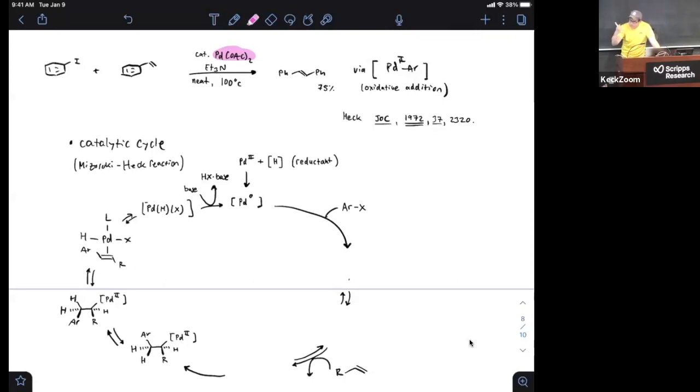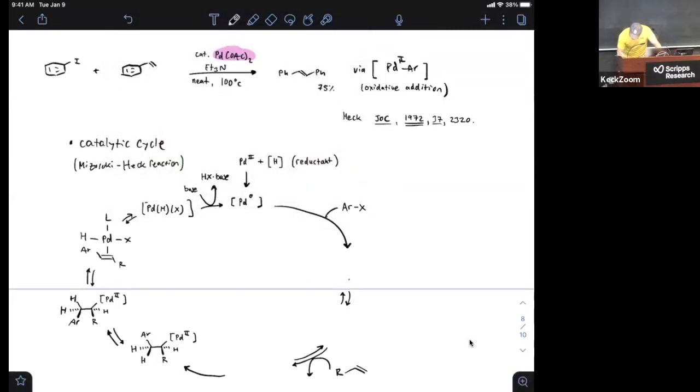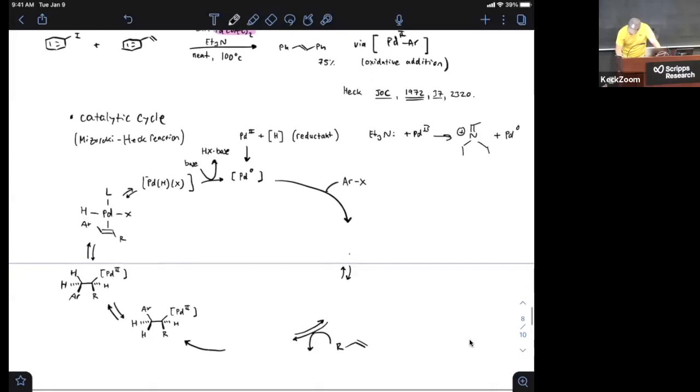So it's donating its electrons, and the triethylamine is getting oxidized to the corresponding cationic aminium species, giving up its electrons to palladium-2 to drop down to palladium-0.